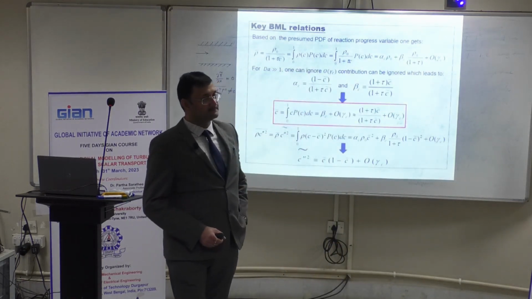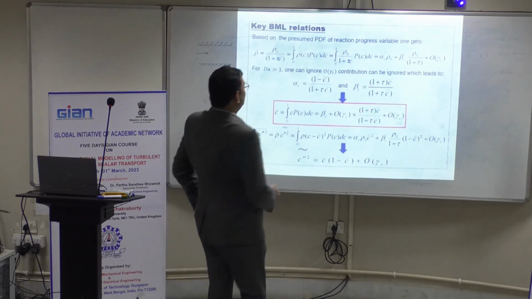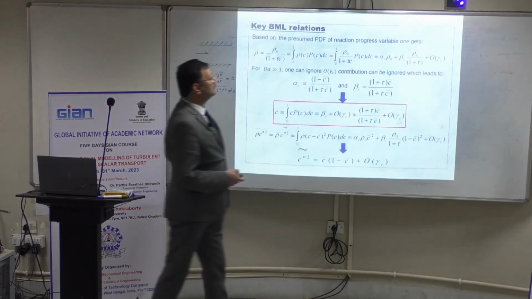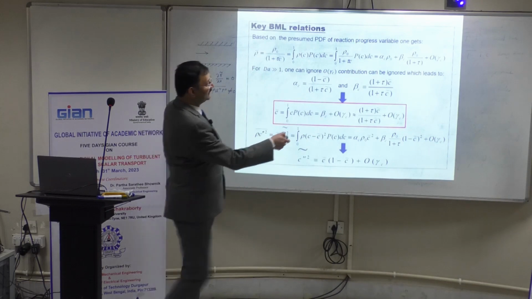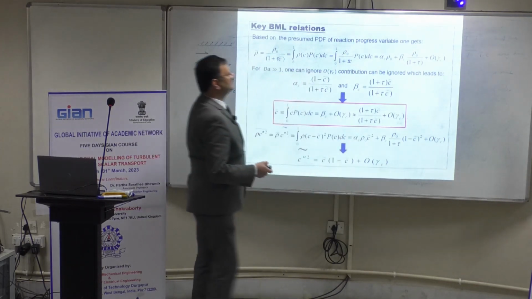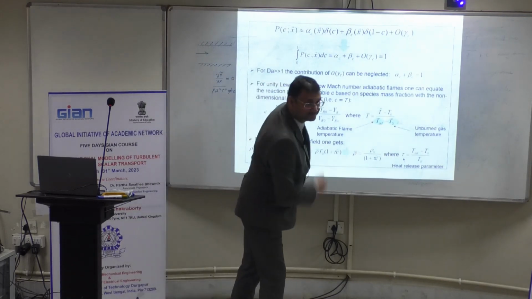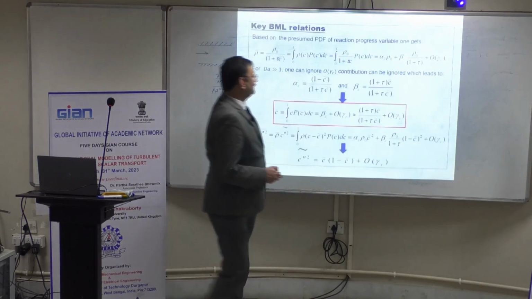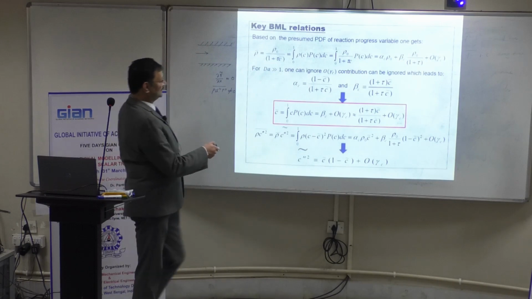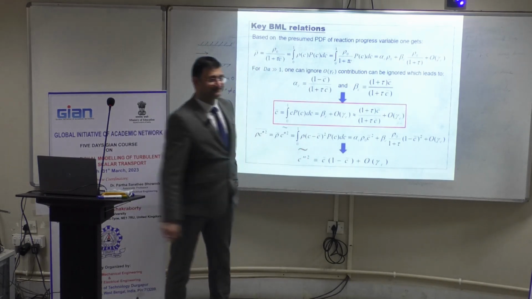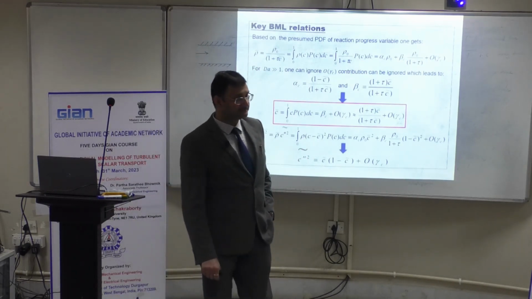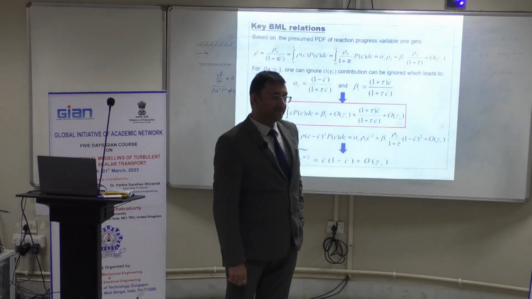Clear? Now, I have two equations. This is one equation, if I ignore this contribution. Another equation was the normalization condition. And if I take them together, that gives me this. Clear?